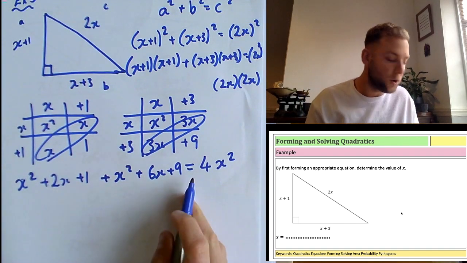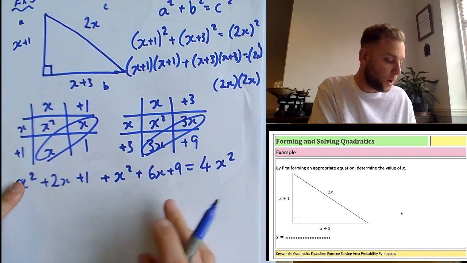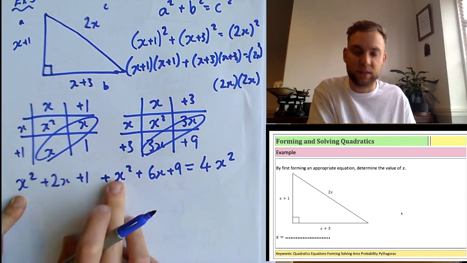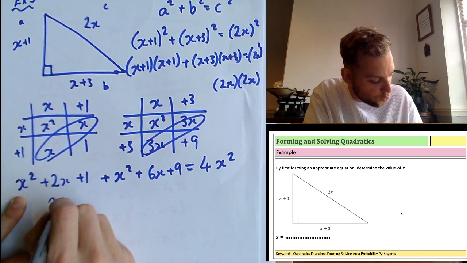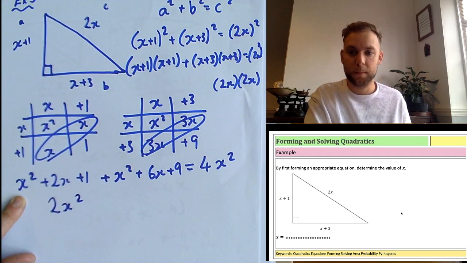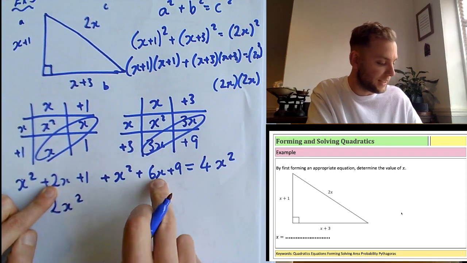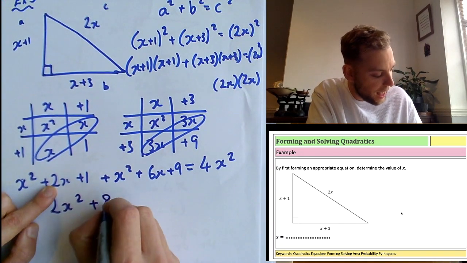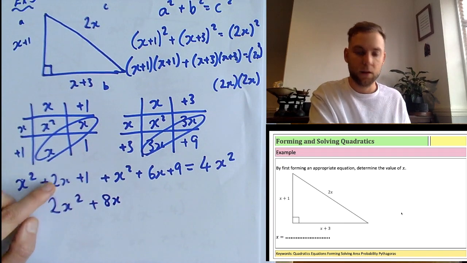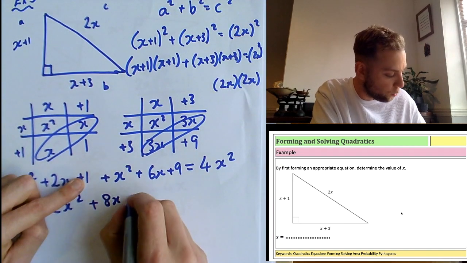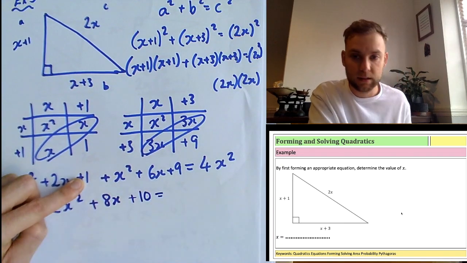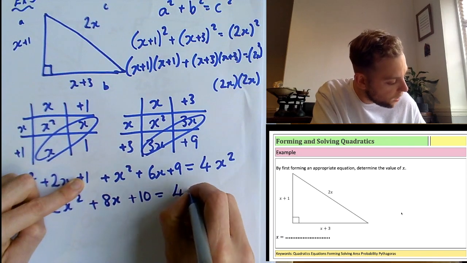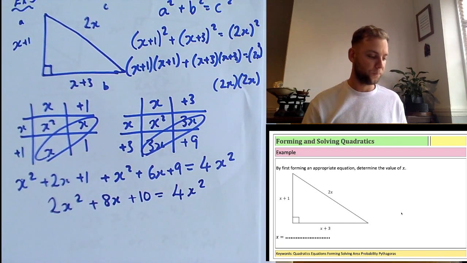So I'm going to simplify all of this first. So I can only bring the x squareds together. So x squared plus x squared is equal to 2x squared. 2x plus 6x is equal to plus 8x. 1 plus 9 is plus 10, okay, which is equal to 4x squared, like so.